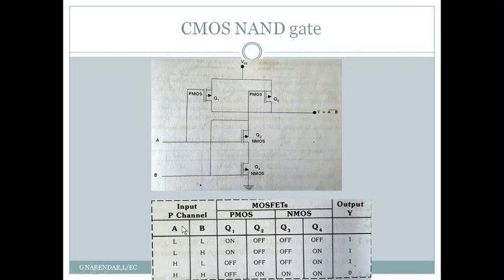So we'll try to apply each combination of input, and we'll find out the output in each case by analyzing the circuit. So first we'll apply zeros for both the inputs, that is low signal for both A and B.